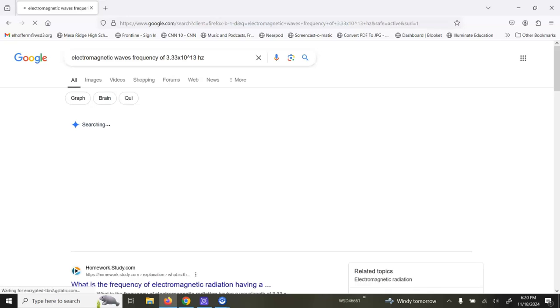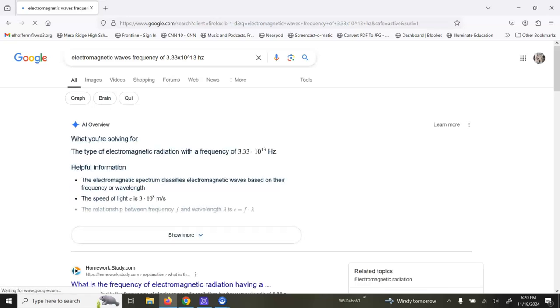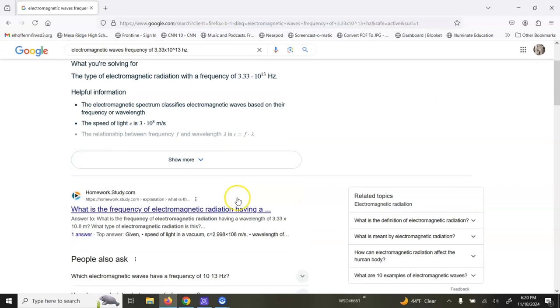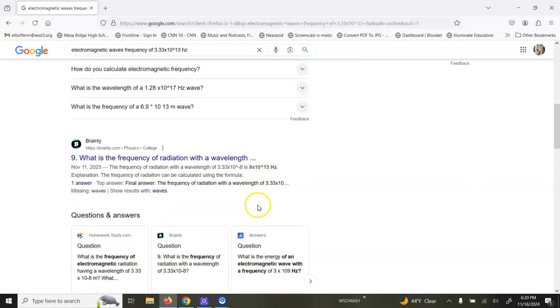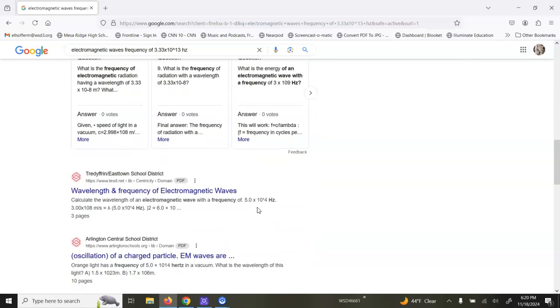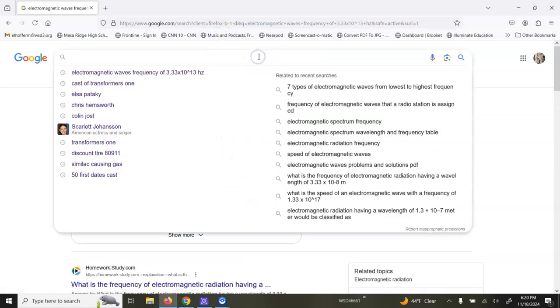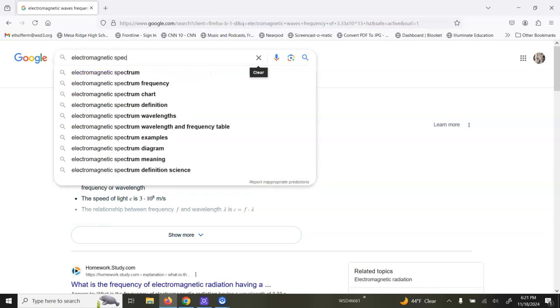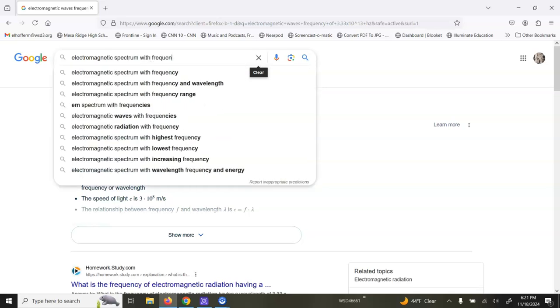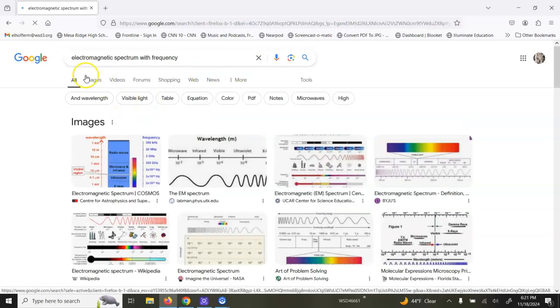What is it going to tell me? Well, I thought it was going to pop right up. That's okay. We'll take a look at the spectrum instead. Electromagnetic spectrum with frequency. Okay, let's take a look at the picture instead.